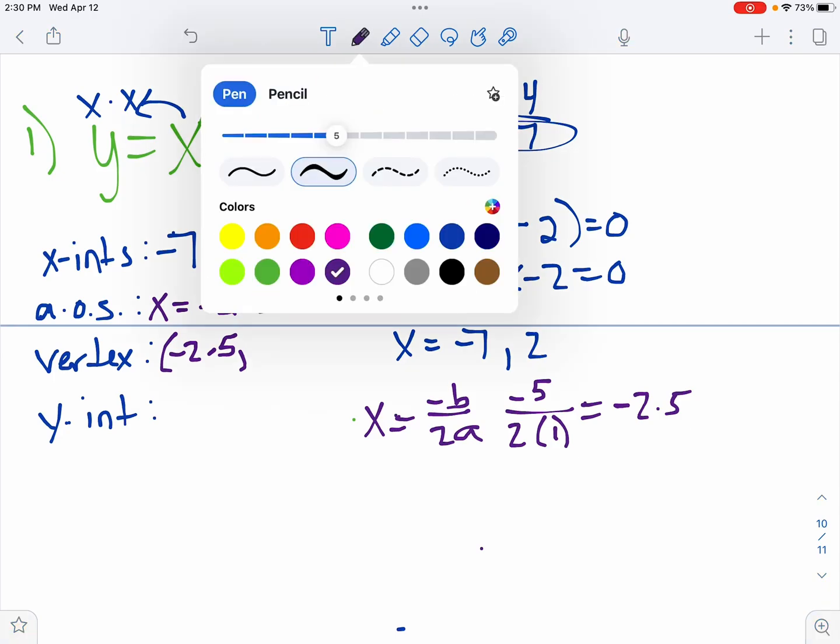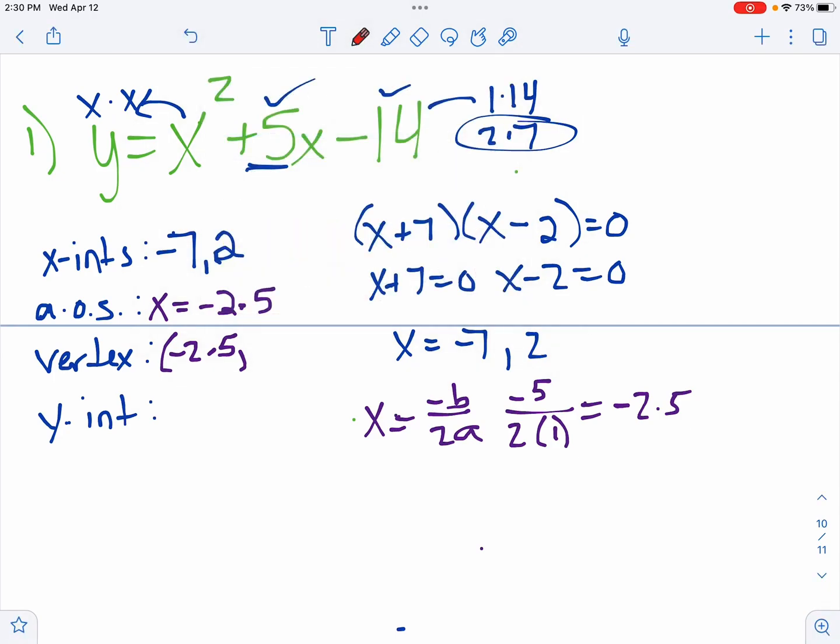So when I plug this in, I'm going to do -2.5. Now that negative is not outside of the x squared, it's the number we're plugging in, which means the negative is also being squared. Plus 5 times -2.5 minus 14. I'm going to show you this step by step.